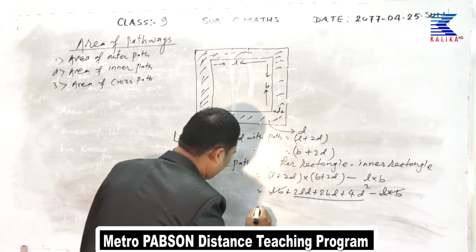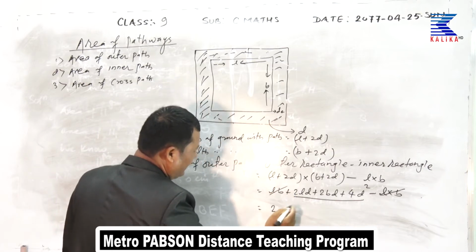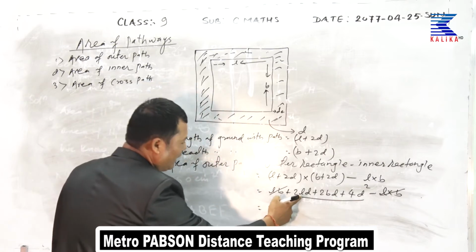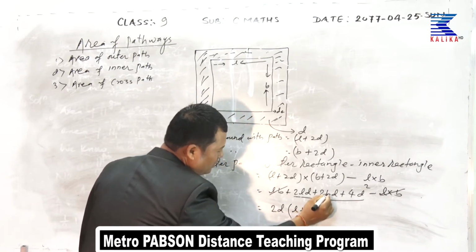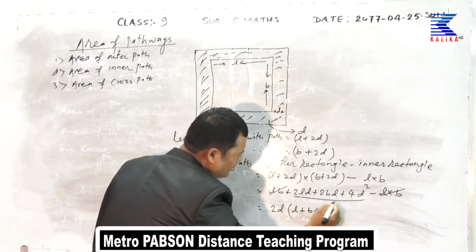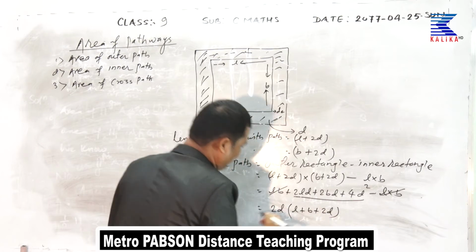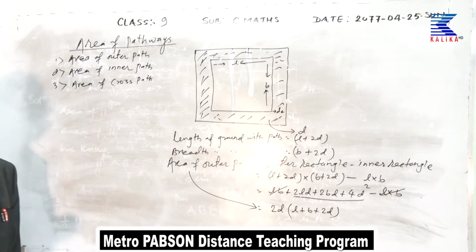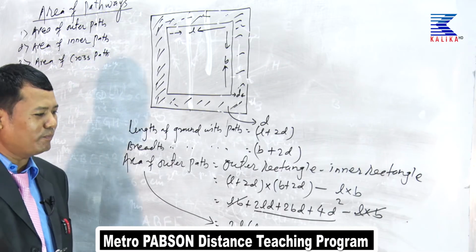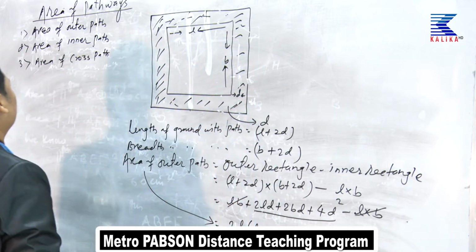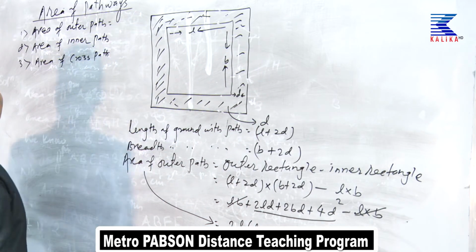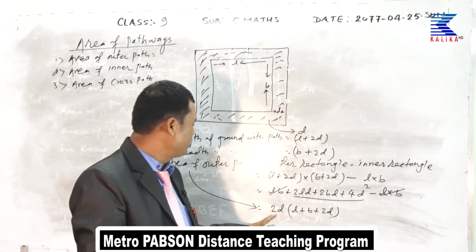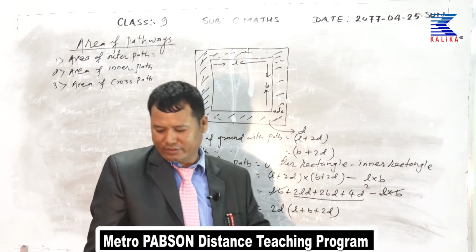What is the common? 2 is common and D also common. 2D bracket L plus B plus 2D remains. So the area of outer path is 2D bracket L plus B plus 2D.